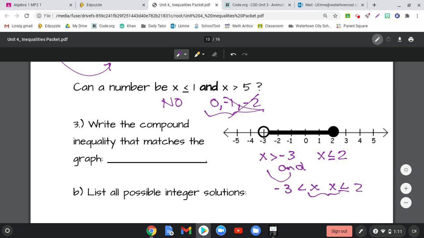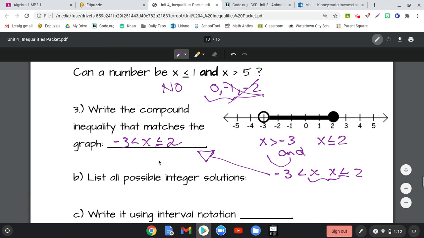So -3 is less than x, and all my x's are also less than or equal to 2. Kind of tricky, but basically if the shading's in between, all of your x's are greater than -3. So if I put the -3 first, don't forget to switch it around. So -3 is less than your x, and all your x's are less than or equal to 2. So that would be a compound inequality.